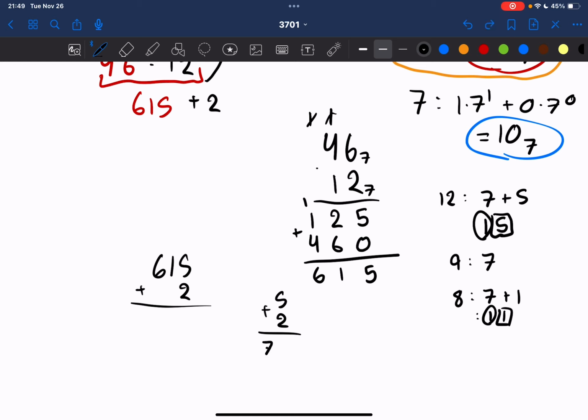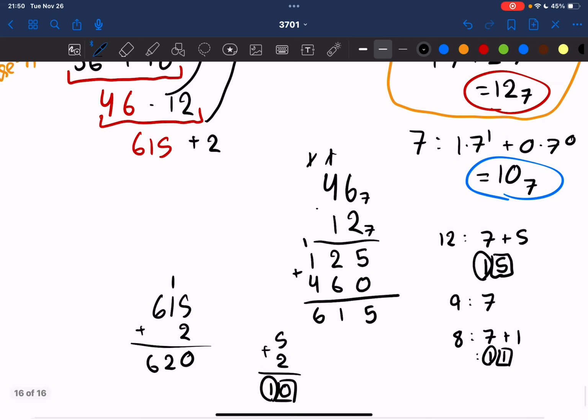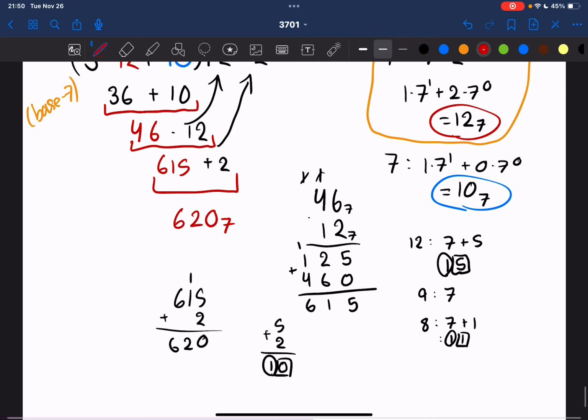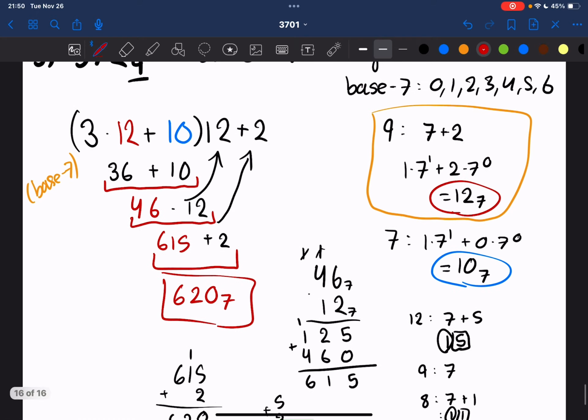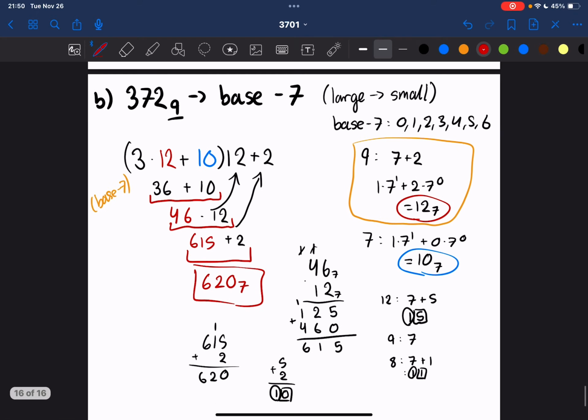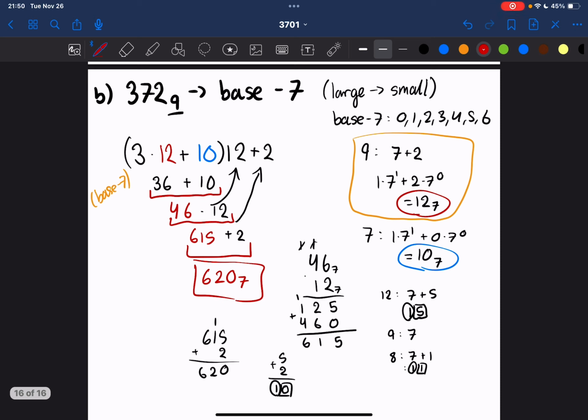It's going to be 7 plus 0, which is actually just 1, 0. Right? And so we're going to take that first digit, carry the 1, and then we have 2 and 6. So that means that is 620. So here we go. We have 620 base 7, and that's how you do the final conversion. So that means that 372 in base 9 is 620 in base 7.